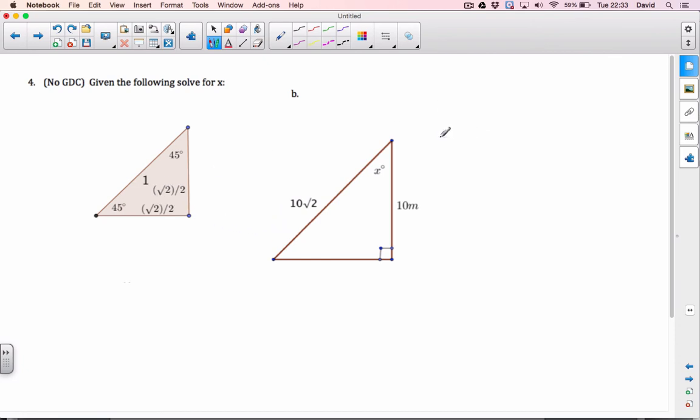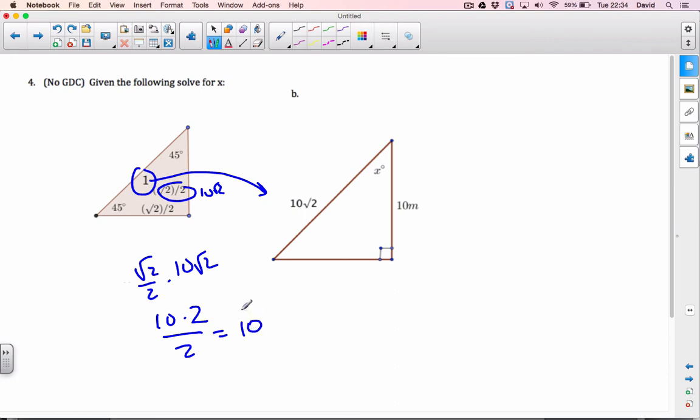If I take this triangle of 1 and root 2 and multiply 1 by 10 root 2, I would have to multiply all these sides by 10 root 2 as well. When I multiply root 2 over 2 times 10 root 2, I end up with 10 times 2 over 2, which is equal to 10. And so these values fit the proportion of the 45, 45, 90 triangle.